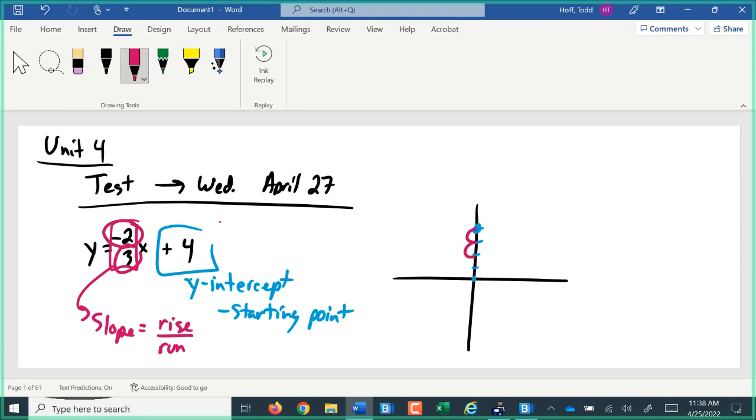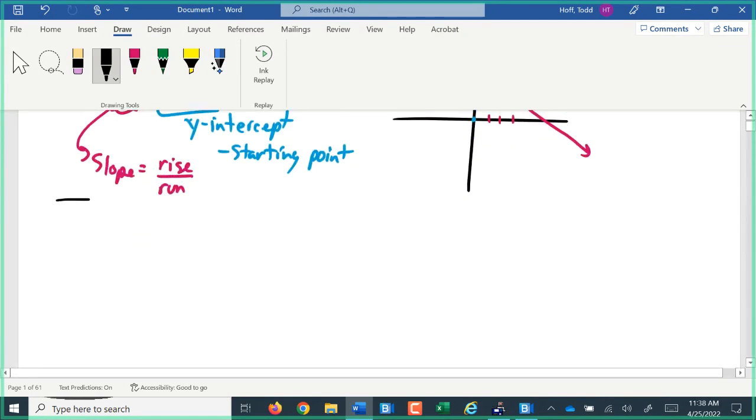The run is always left to right. So 1, 2, 3. And that gives us a second point that's on that line. And our line then can be drawn through those 2 points. If we are looking to construct a line just from basic information, all we need to know is the slope and that y-intercept.